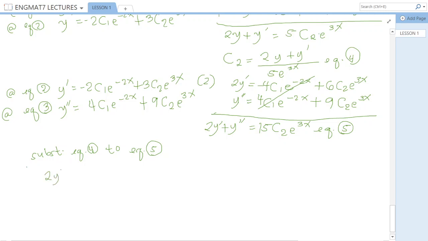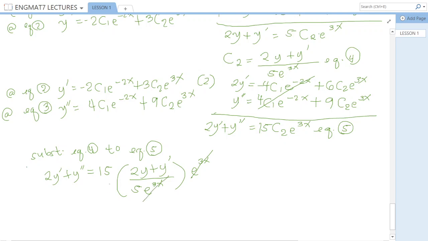That is 2y prime plus y double prime is equal to 15, and your c2 there is 2y plus y prime over 5 e raised to 3x, multiplied by e raised to 3x. And here we can cancel e raised to 3x.